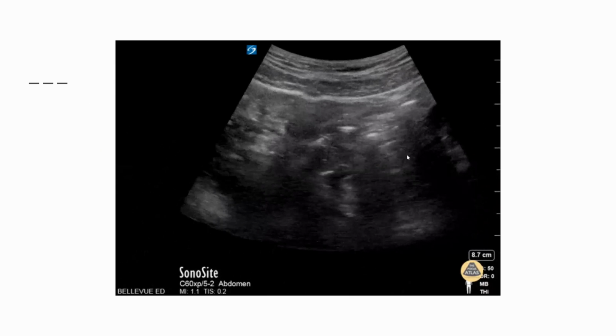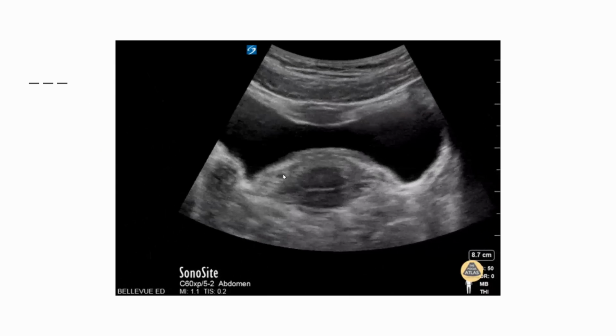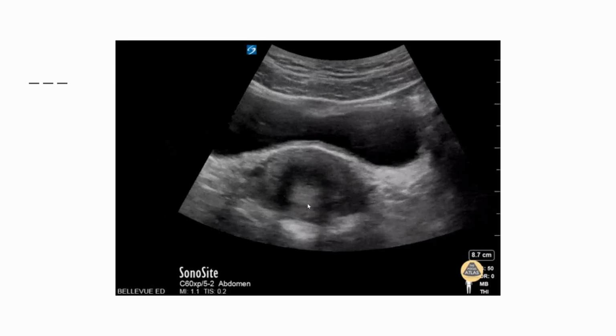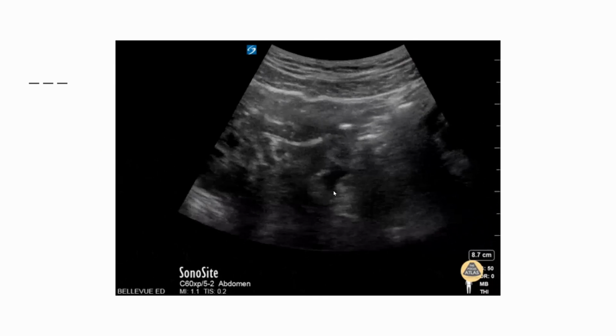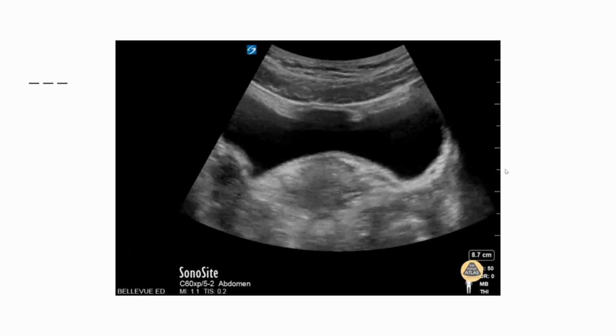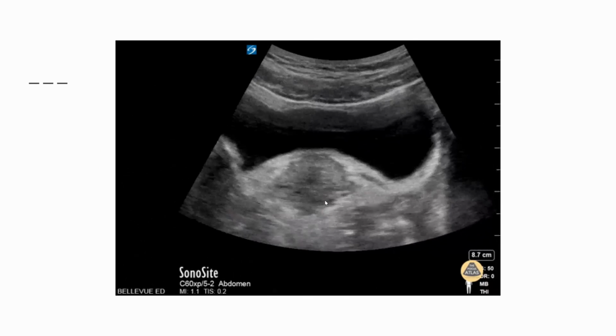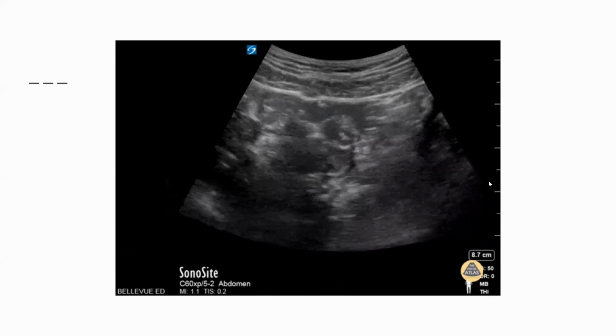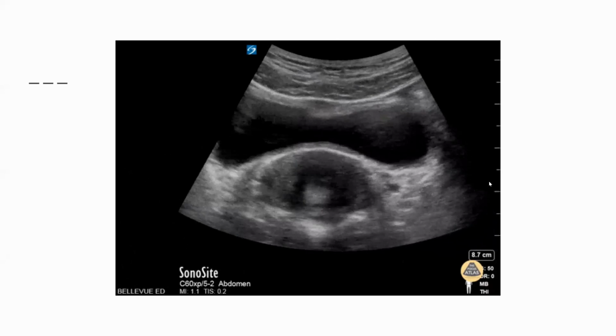You can see the bladder at the top there, and then you see your uterus here. If you pay attention to the end of this clip, there is some shadowing within the uterus, and I think that is an IUD. So going up towards the fundus here, and there's that shadowing. So you may see that as well.